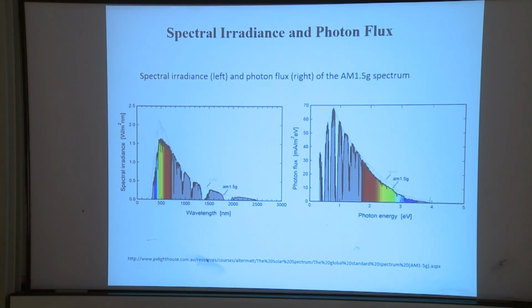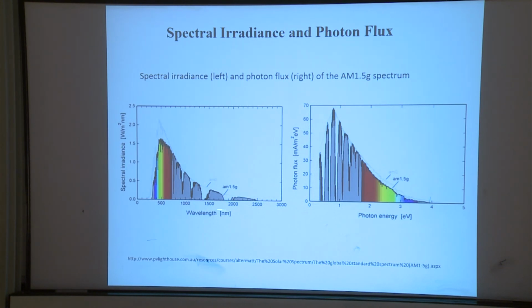If we just choose one band gap, then we are still only able to use somewhere near the band gap of the visible light. We are not using this infrared as well as not using the ultraviolet.